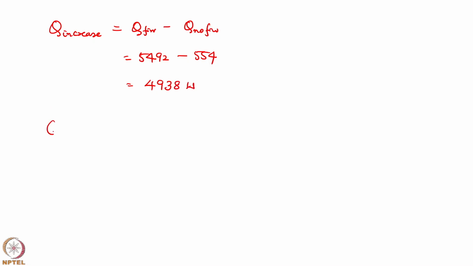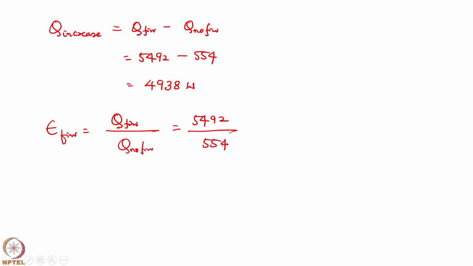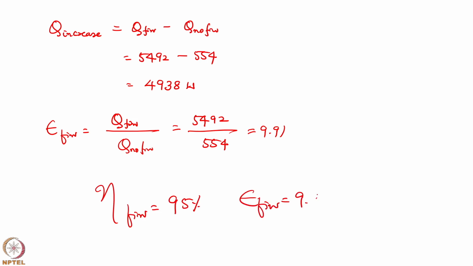Or effectiveness. What is the effectiveness of the fin? Effectiveness of the fin is Q fin divided by Q no fin, that is 5492 divided by 554. So, you get 9.91. You see, the efficiency of the fin was 95% and the effectiveness of the fin is 9.91.